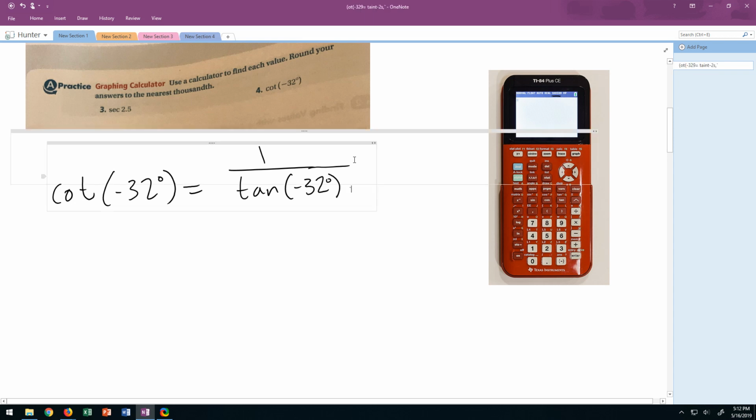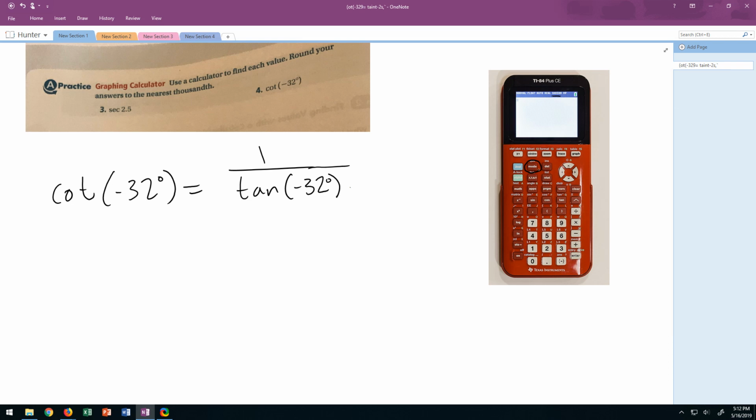So let me put that in my calculator real quick to see what we're doing. All right, I have to change it to degrees mode. All right, perfect. If you don't know how to change your calculator to degrees mode, I think you have to go into the mode menu, which is right there, and you'll find it somewhere.